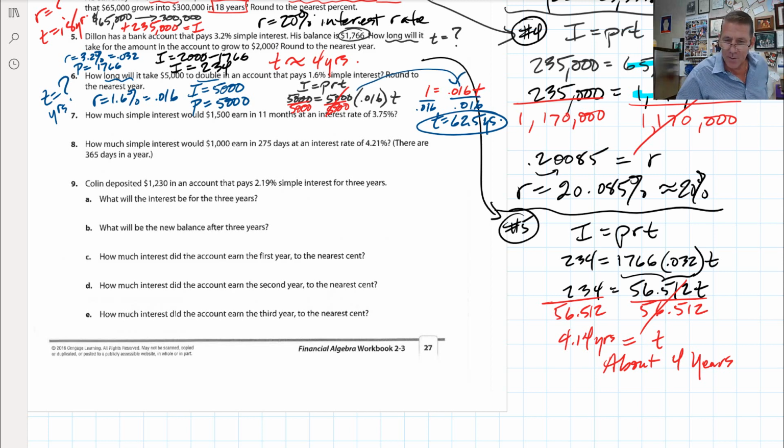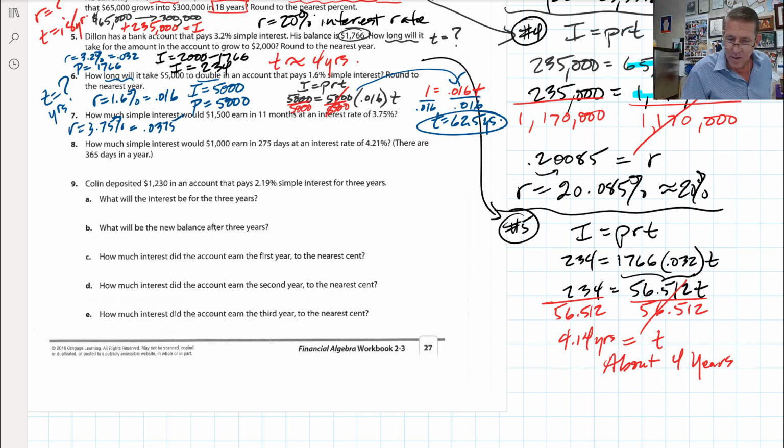Number 7. How much simple interest would $1,500 earn in 11 months with an interest rate of 3.75%? So R is 0.0375 as a decimal.